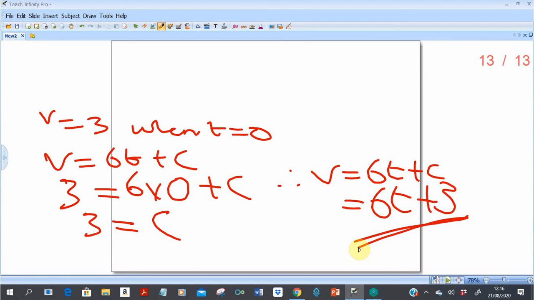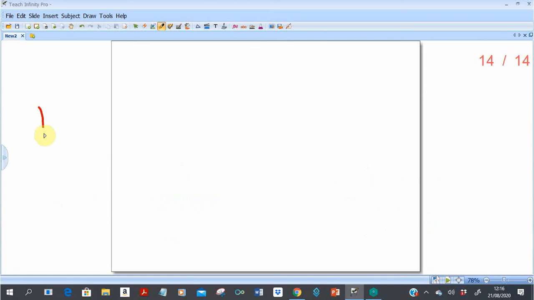The final thing that we're going to do here in this chapter is look at the average value of a function.